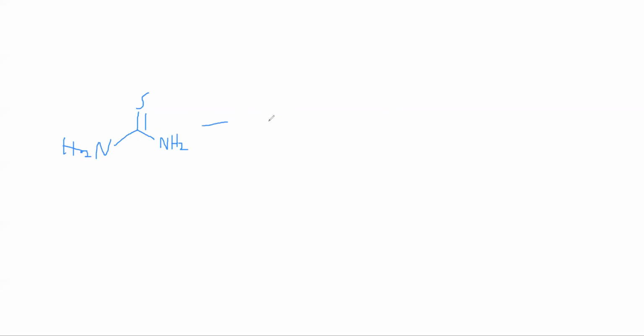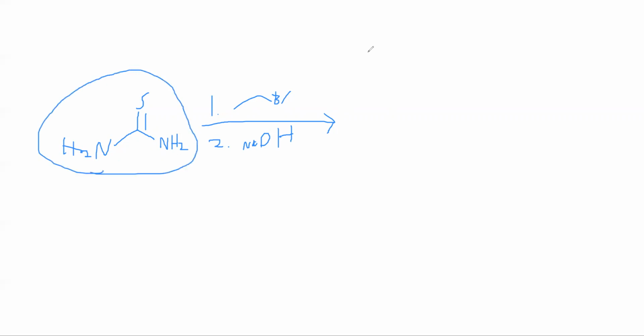I'm not going to go over the mechanism. I'm not sure if you guys have to know that, but it is in a lecture somewhere from earlier in the semester. It just involves reacting this with an alkyl halide in one step and then adding hydroxide in a second step. That's basically just going to replace this alkyl halide with a thiol. So you're going to end up with this.